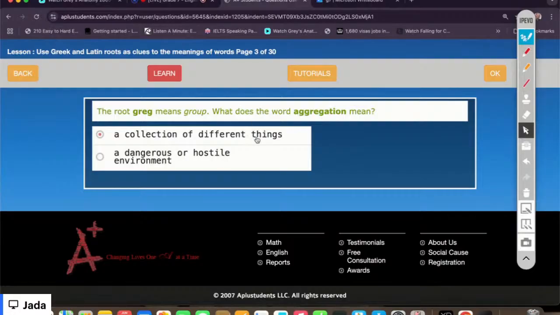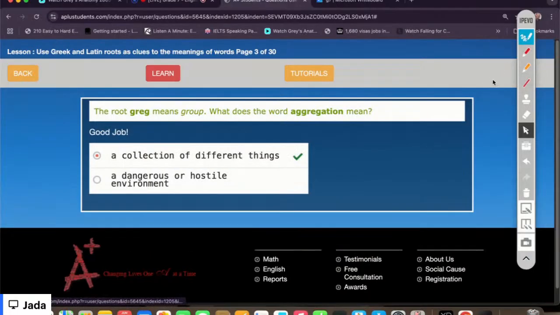Okay, so we have a collection of different things, because it means group.